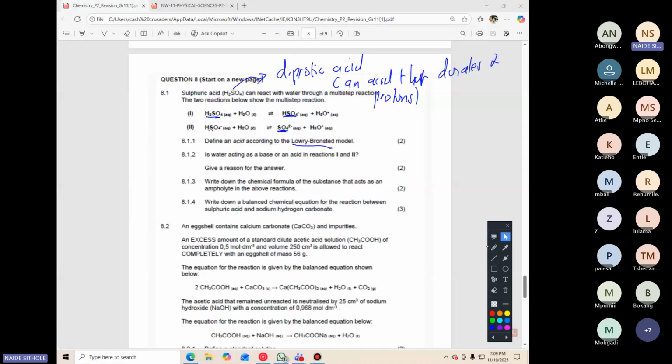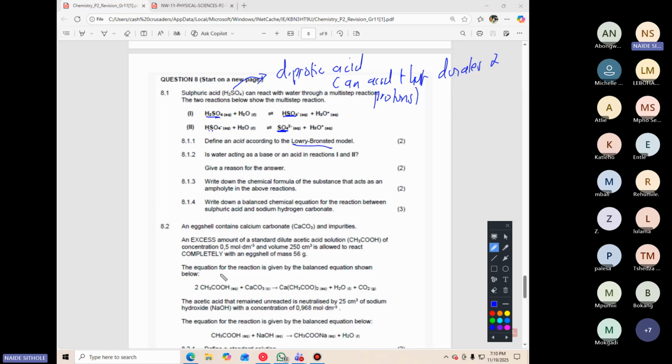Then, is water acting as a base or an acid in reaction 1 and 2? Now, guys, this is a very good question here. And then it will also lead us to 8.1.3. Let's check. Now, in order for you to identify whether something acts as a base or an acid, check its conjugate acid. Check what that thing changes into in the product.